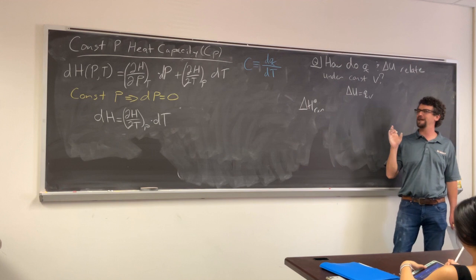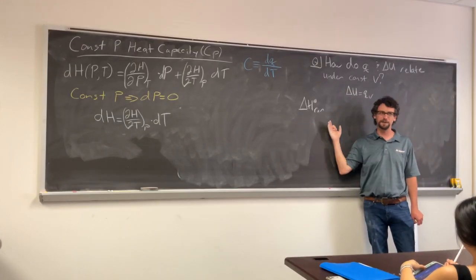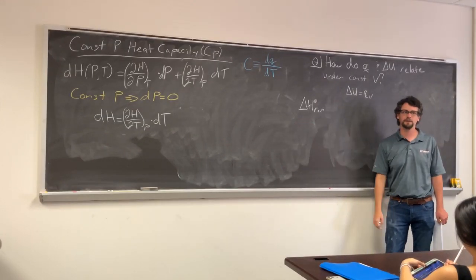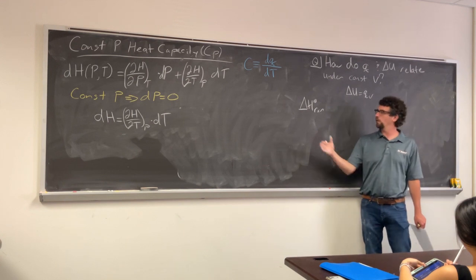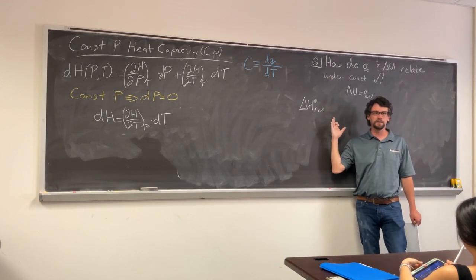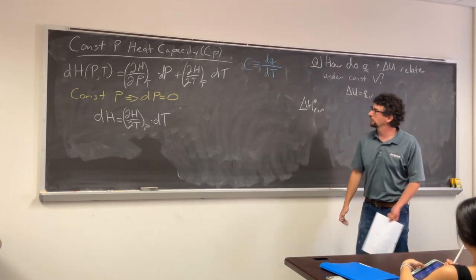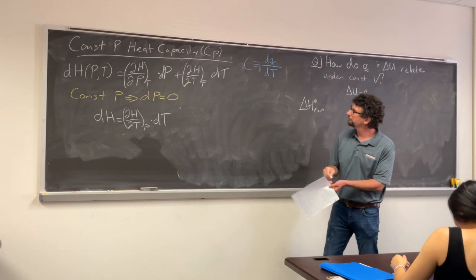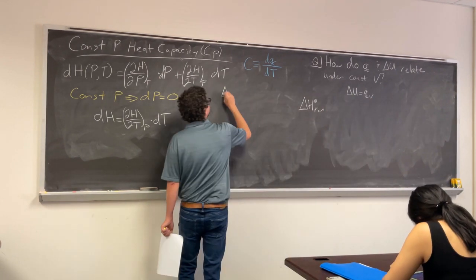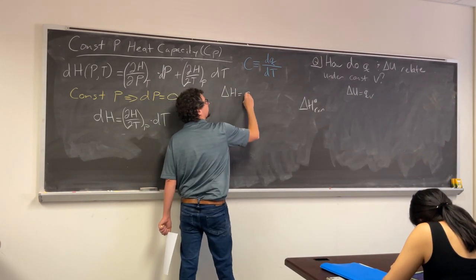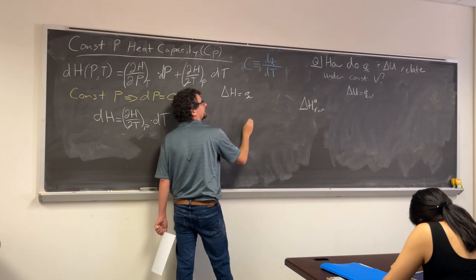Have you ever heard it said any other way besides enthalpy of a reaction? Yep. When is the heat and enthalpy equivalent to one another? Yeah, constant pressure. We proved that a while ago, right? So delta H is equal to Q sub what?